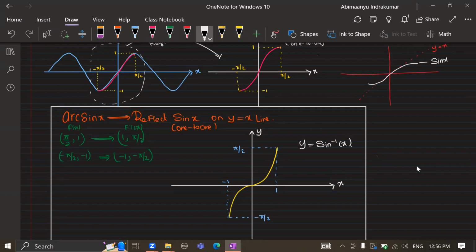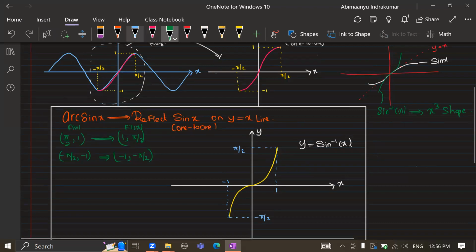When I'm reflecting on y equals x, this portion of the graph would reflect like this, and the other portion also reflects. And that's how I got this sine inverse to be very similar to the x cube shape. Clear or not clear? For your convenience, you can remember it simply as the x cube shape. Simple as that.